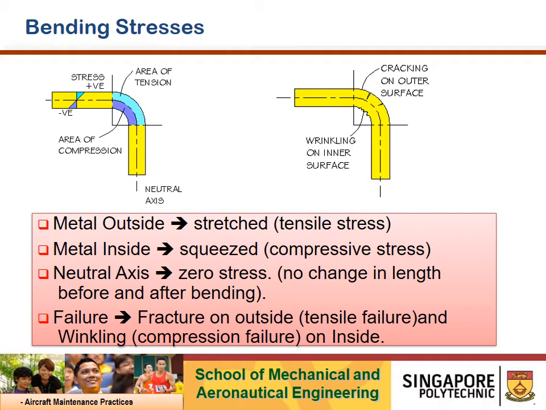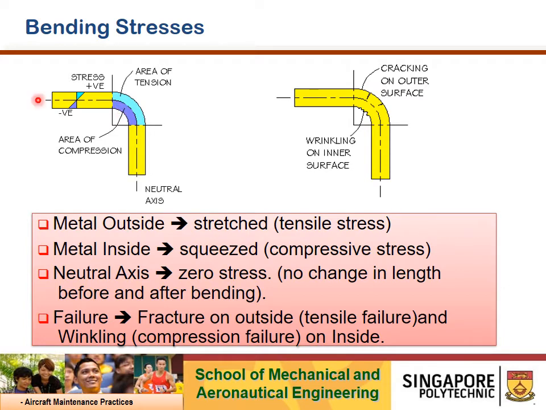Bending stresses. When a metal bends, it will experience various stresses. On the metal outside, as shown here, when it bends, the outside area will experience tensile stress, where it will stretch, while the inner material will experience compressive stress because it will be compressed and squeezed.